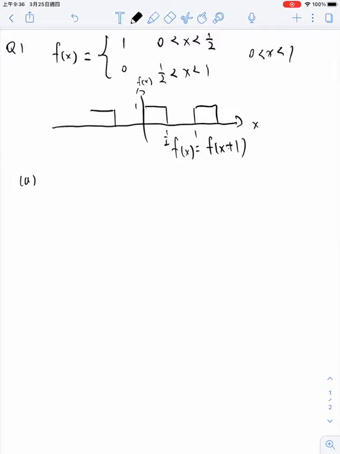So in part A, we need to represent it by a Fourier cosine series. First, the series looks like this.